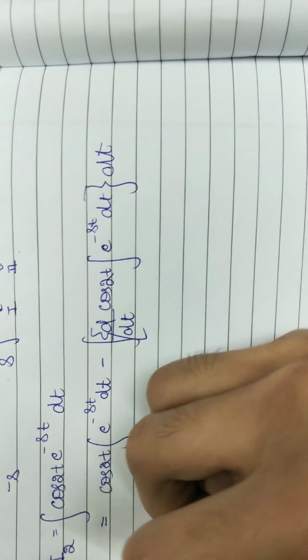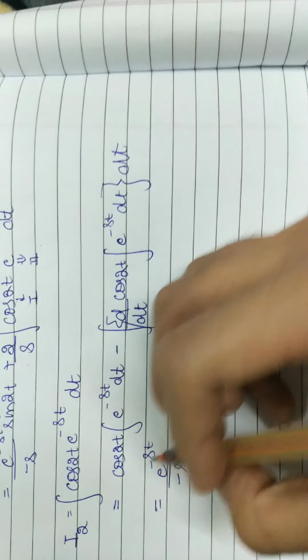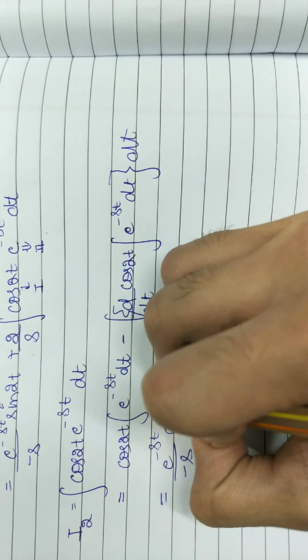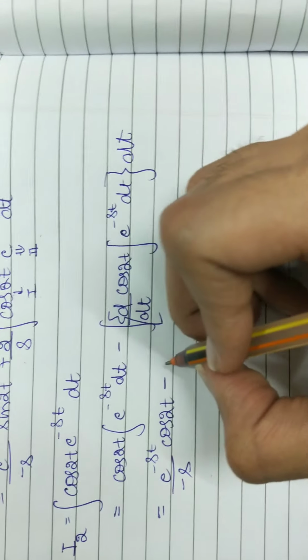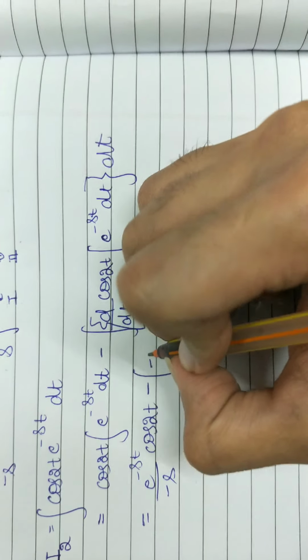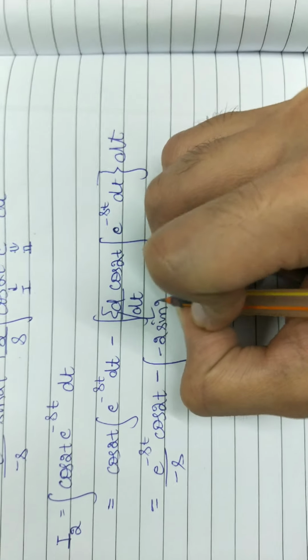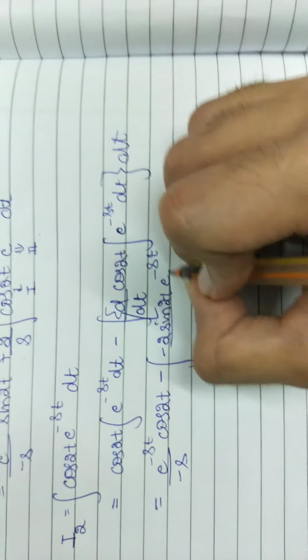So the first term yields us e raised to minus st upon minus s cos 2t. For the second term, the derivative of cos 2t is minus 2 sin 2t. Integral of e raised to minus st is e raised to power minus st divided by minus s and dt here.